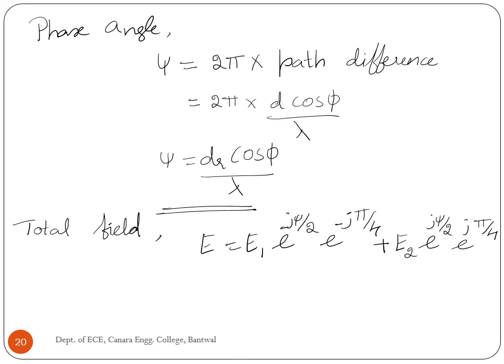So E1 is the amplitude of source 1, E2 is the amplitude of source 2. Both the sources are in phase quadrature, means source 1 is retarded by pi by 4 and source 2 is advanced by pi by 4. Therefore, we have written the field intensity as this expression.